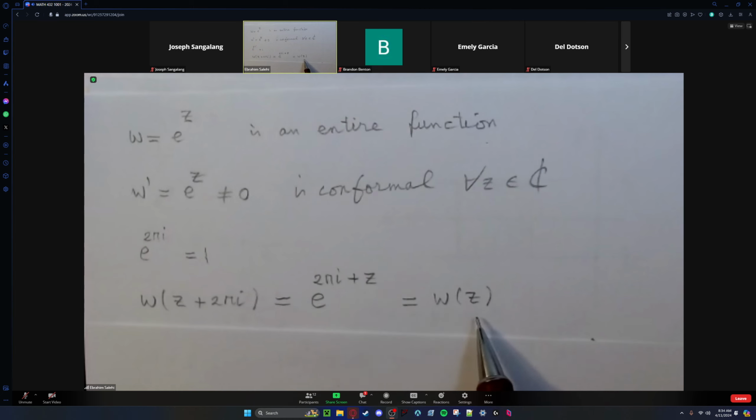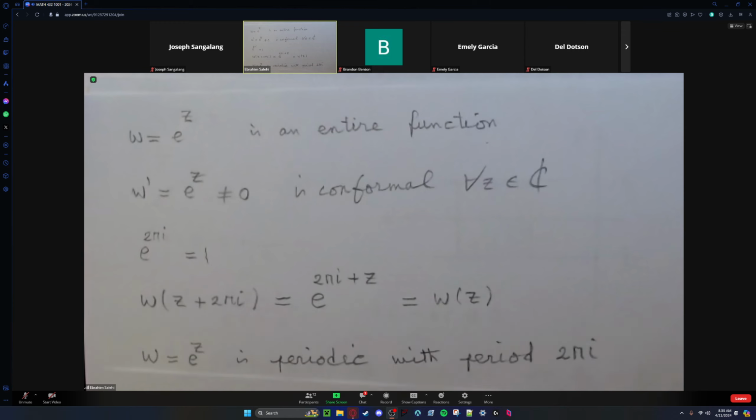Okay? So whenever we have such a thing, it's called a periodic function. And in this case, the period is 2 pi i. Now, what does that mean? The period is 2 pi i.